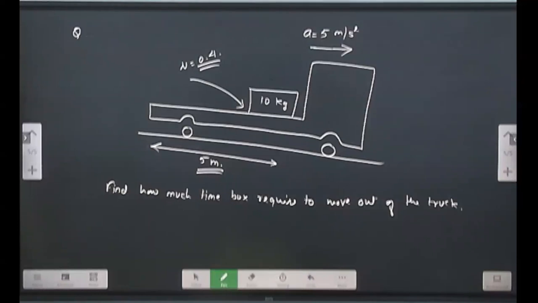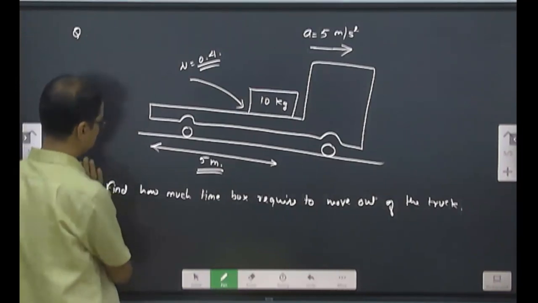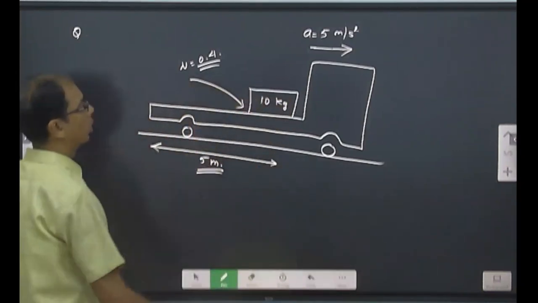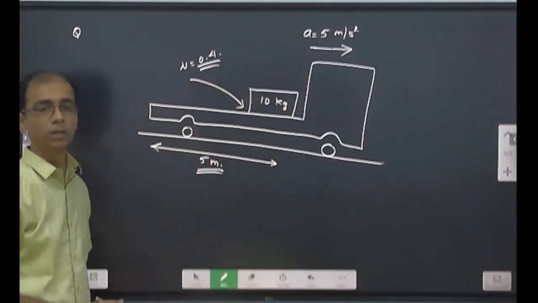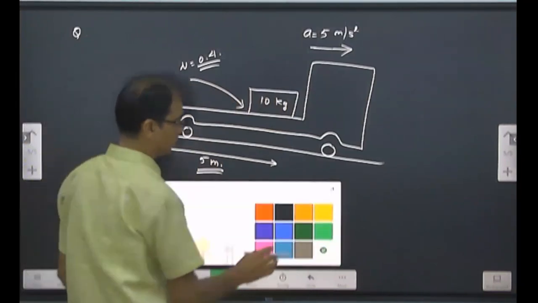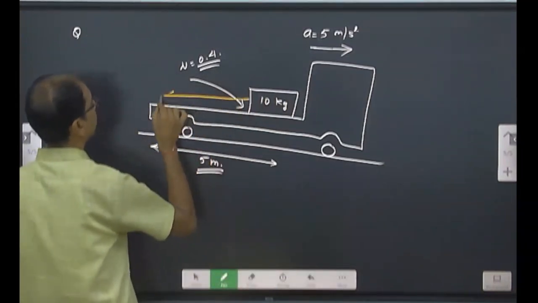Noted the question? Done, sir. Right. Tell me then why this box should go out. Why this box has to go out of the truck? And in which direction will it go out of the truck? Left side. That means back side. Why should it go like this?